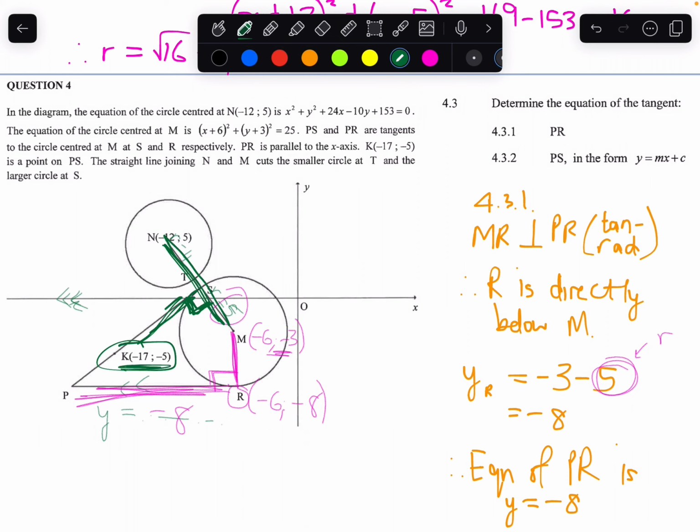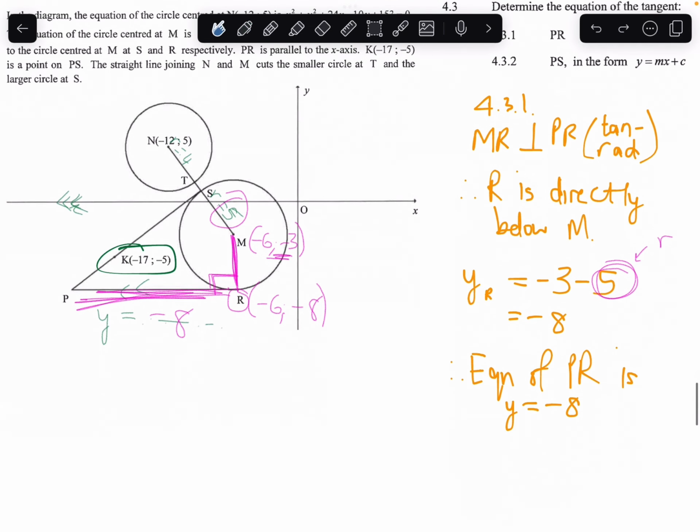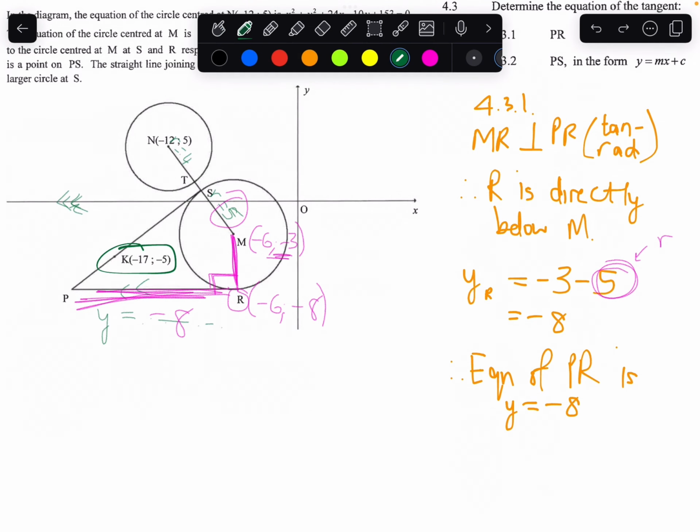Then we can figure out what c is by using the coordinates of K. Okay, so first task, 4.3.2, we're going to figure out the gradient of the line MN.